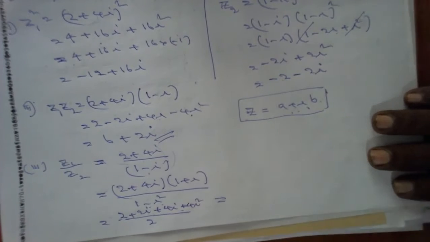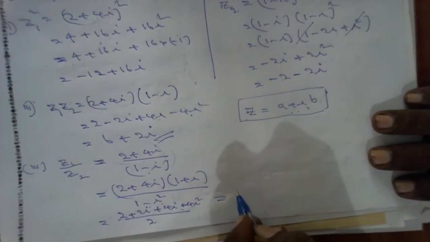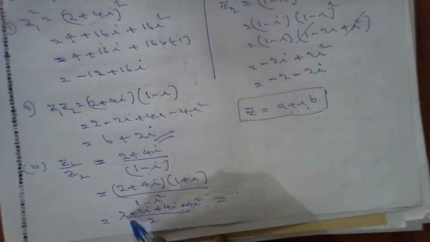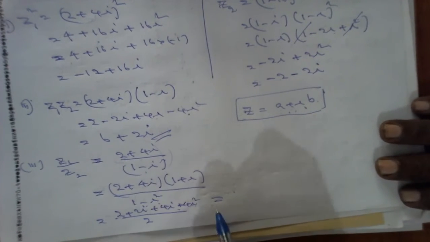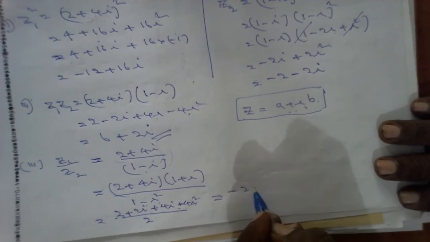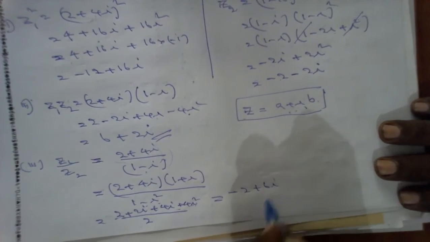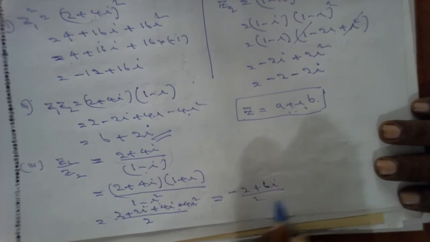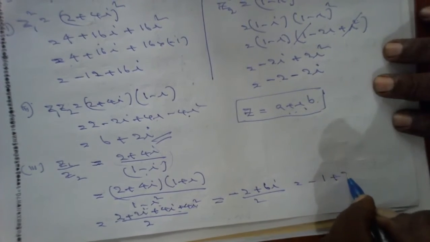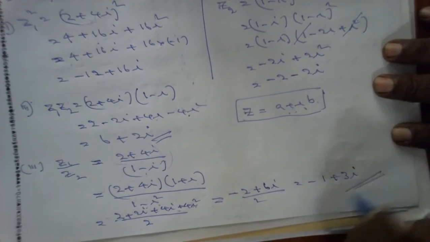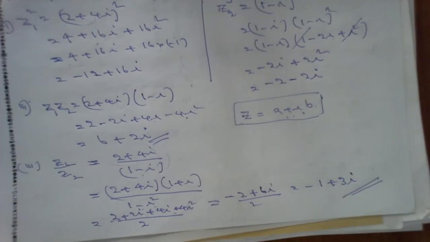So this equals 2 minus 4. i squared is minus 1, this becomes minus 4. 2 minus 4 is minus 2 plus 6i over 2. So this equals minus 1 plus 3i. Right? You should be able to bring this complex number into this form. Okay.